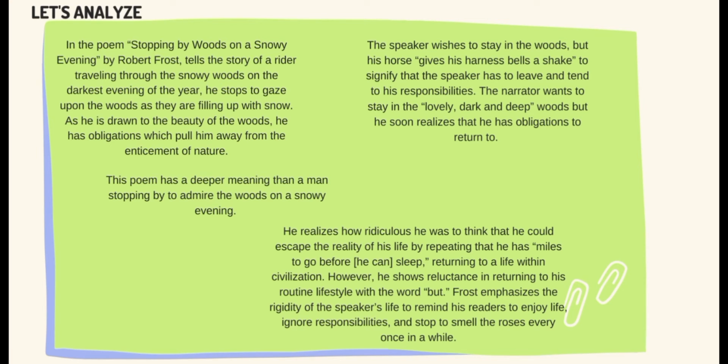He stops to gaze upon the woods as they are filling up with snow. As he is drawn to the beauty of the woods, he has obligations which pull him away from the enticement of nature. Robert Frost is suggesting that an individual may stop and admire the beauty his or her surroundings have to offer, but must also be aware of the obligations he or she has to uphold.